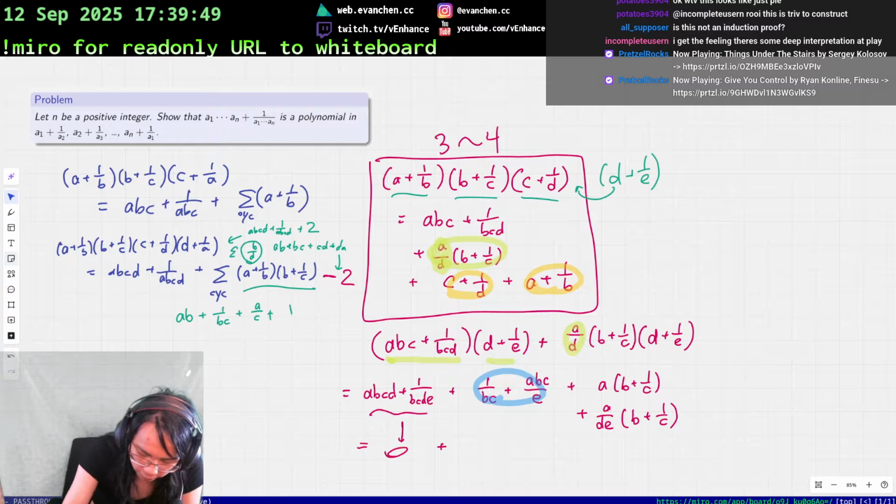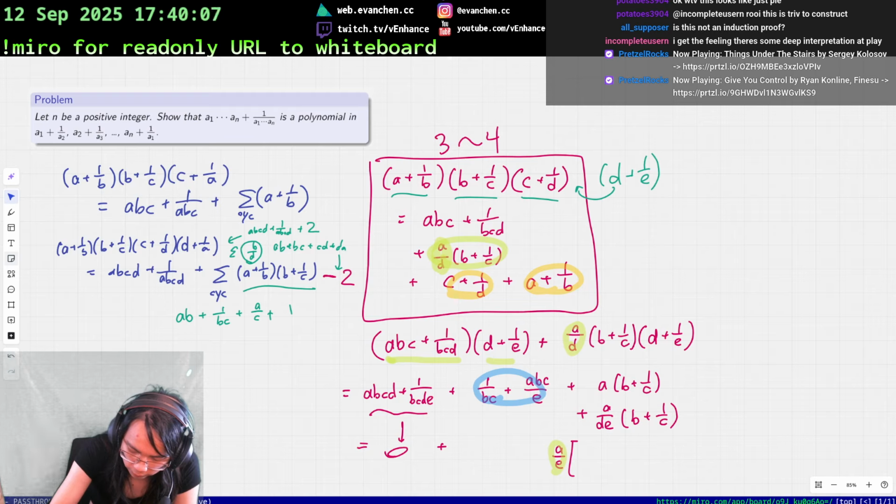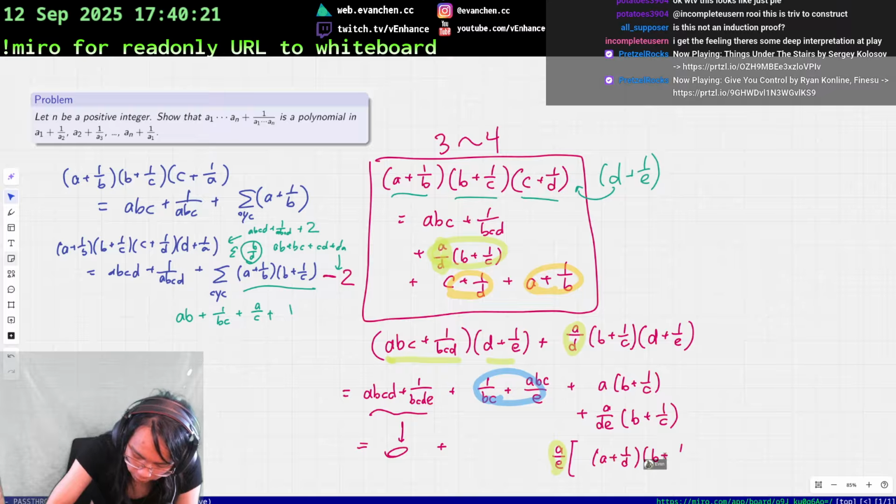And then I guess what's happening is some of these things combine. There's the a over e part, this is the part that we're not happy with, and then there's something inside. Hang on. I feel like the degrees aren't the right parity. Oh yeah, no. This is a plus 1 over d, b plus 1 over c.